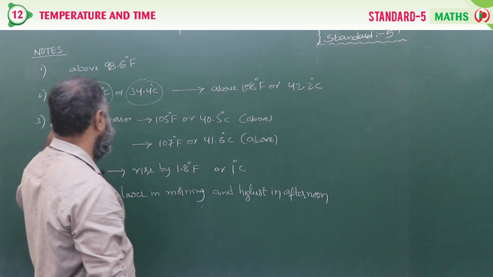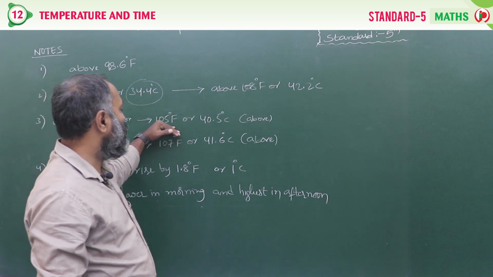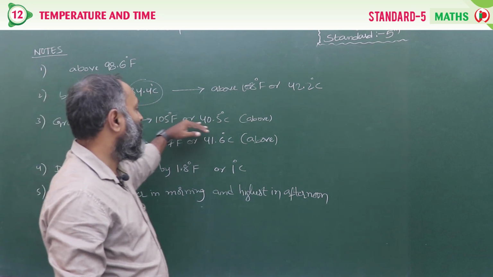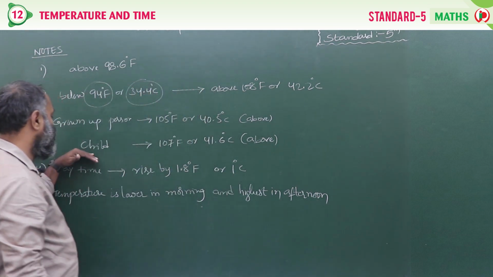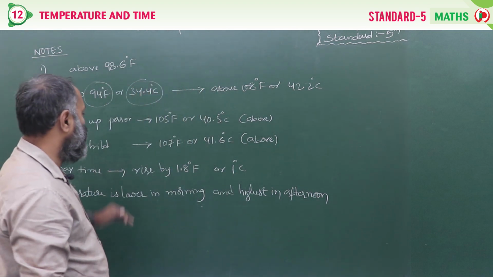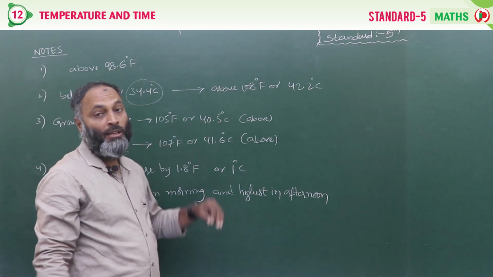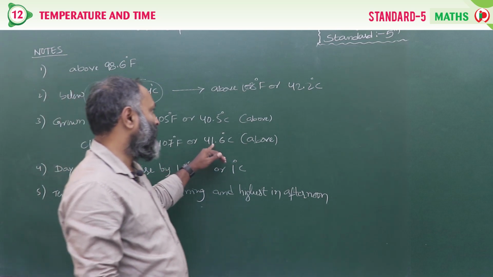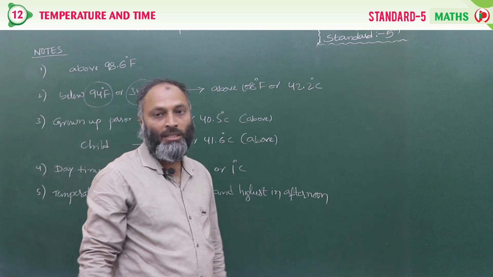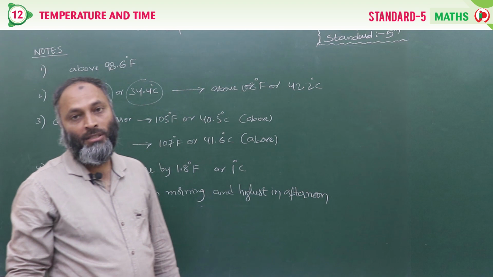And for a small child, the temperature should not exceed 107 degrees Fahrenheit, or 41.6 degrees Celsius.